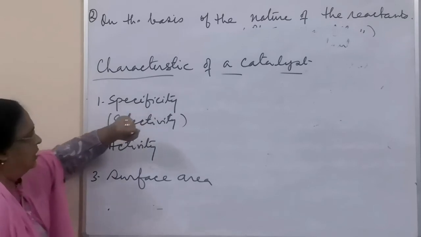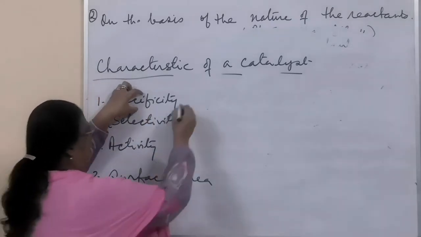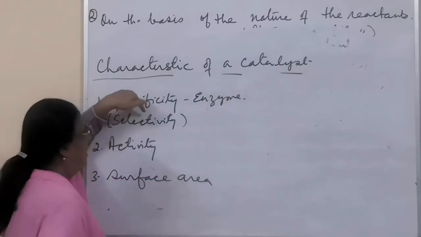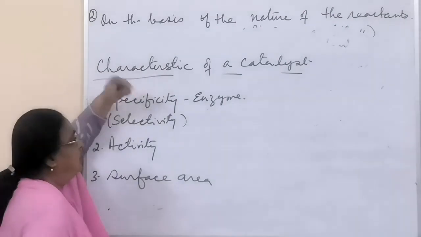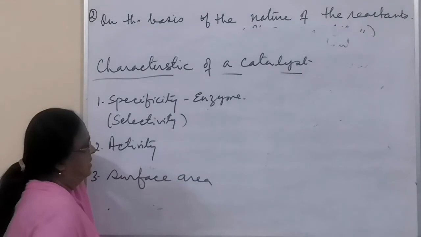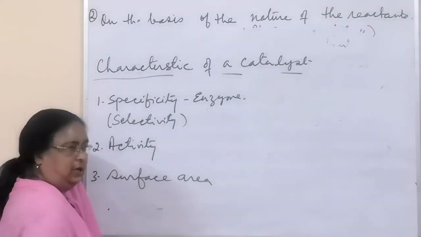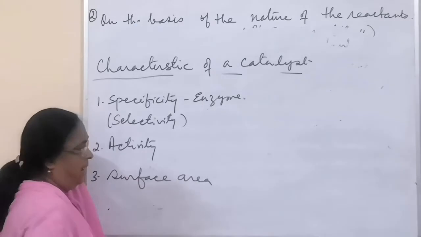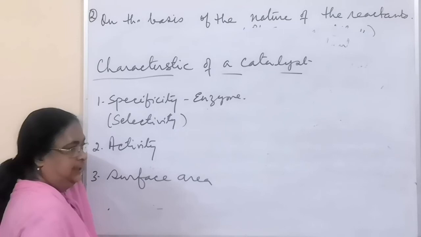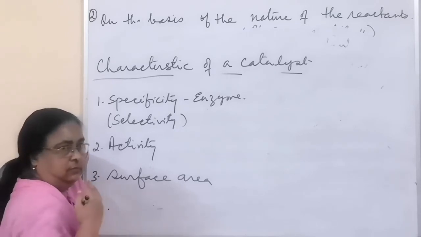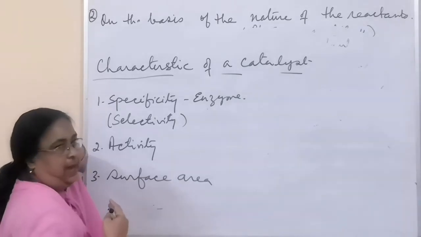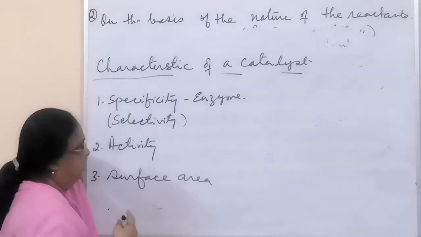Specificity means for a particular reaction. This term is for enzymatic reactions, and selectivity is for chemical reactions. A biology student must know this. In class 10 you must have studied there are some enzymes that act like a catalyst, by name biocatalysts, in one particular reaction, like carbohydrate in the mouth, which can be digested only by salivary amylase, not by any other enzyme.